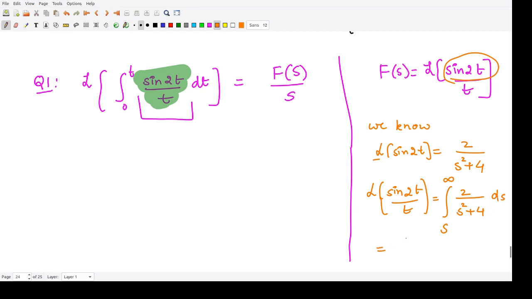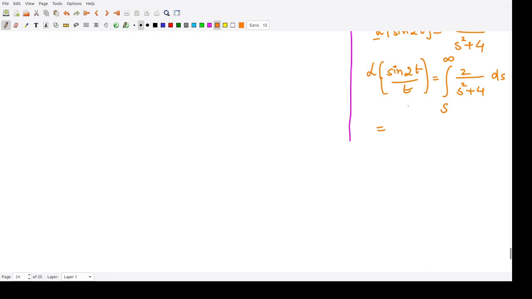So let us calculate this one. 2 is a constant, it would come out of the integration. So we are left with ds divided by s square plus 4. And what is this integration? This is nothing but 1 by a tan inverse s by a, where a here is 2. We have to substitute the limit of s varying from s to infinity. So this 2 and this 2 get cancelled.